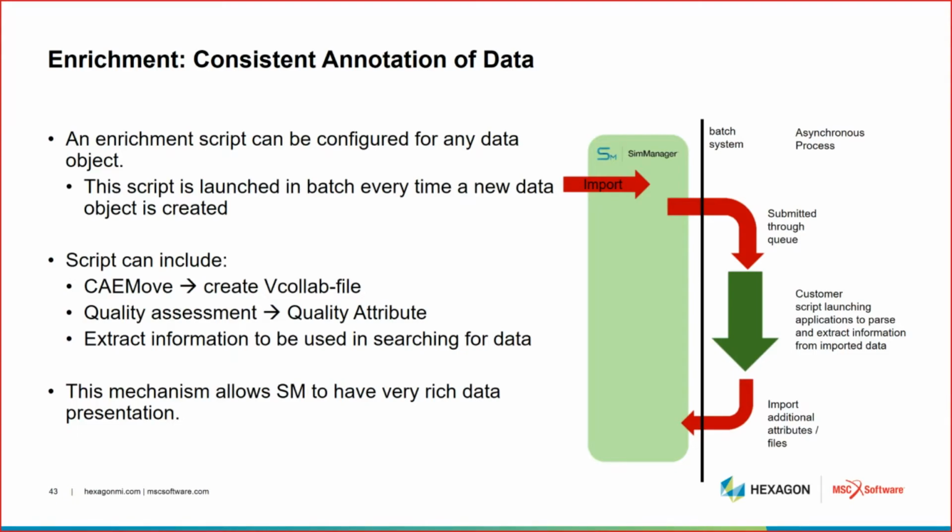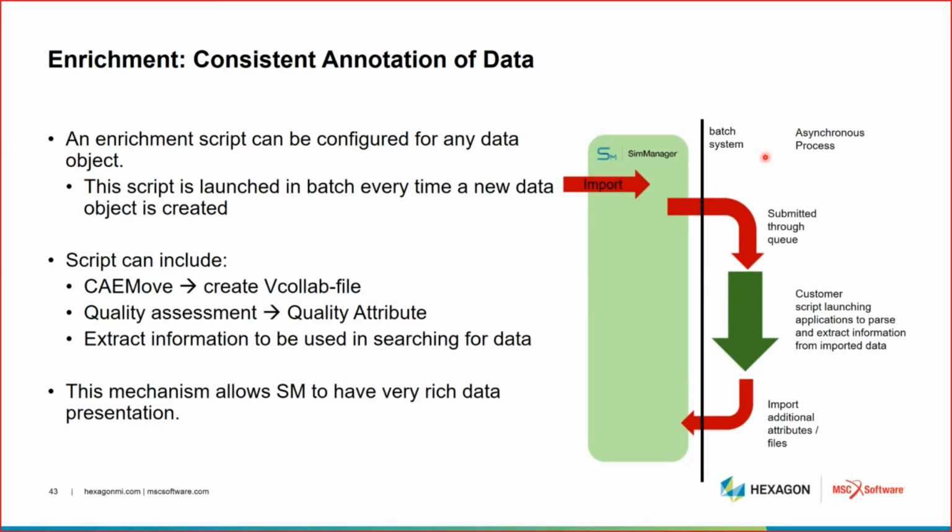If you can integrate that automation of the conversion as part of the process within SimManager, then it takes away some of that extra administration. It takes away some of that extra overhead that you have moving forward. Okay, so that's an important part to refer to. From within the SimManager environment, you have the management of the files themselves on the server, but you may do the generation of the enriched data on a separate system, a batch system.